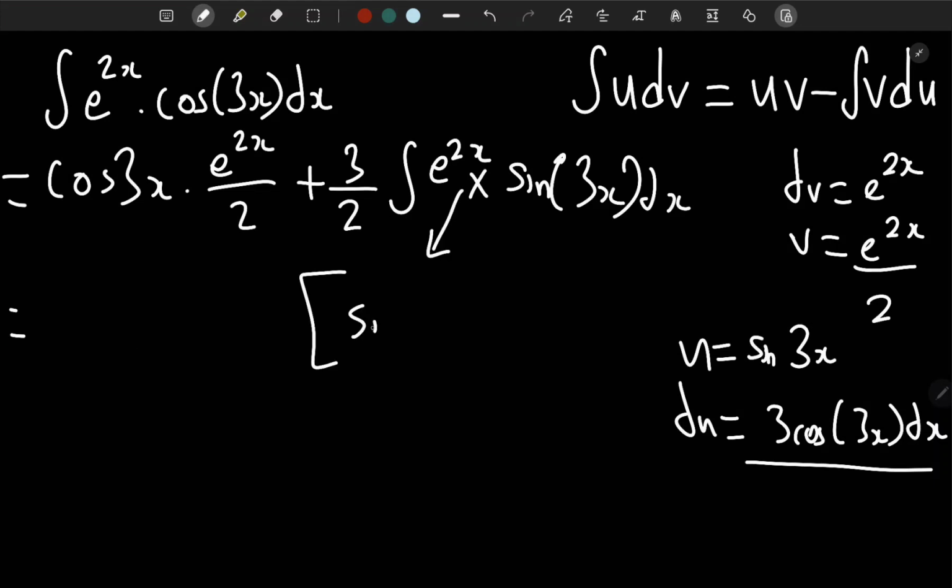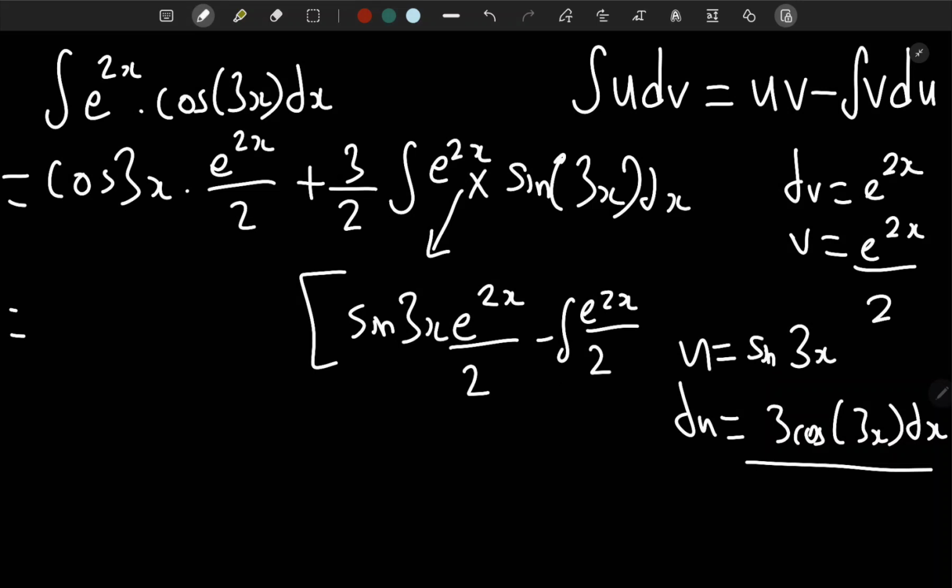It's going to be u, sine 3x, multiplied by v, e to the power of 2x over 2, minus the integration of v, which is e to the power of 2x over 2, and du.